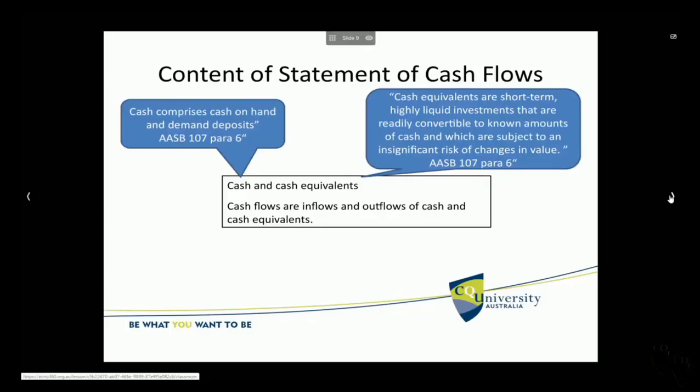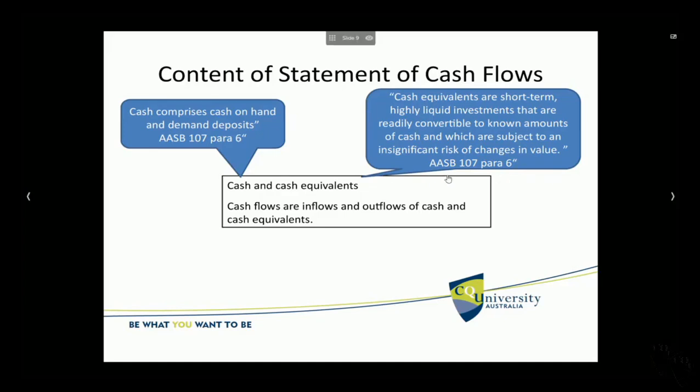Paragraph 6 of AASB 107 states that the cash flows in the statement of cash flows include cash, cash on hand and demand deposits in the bank, and also cash equivalents, which are short-term, highly liquid investments that are readily convertible to known amounts of cash and which are subject to an insignificant risk of changes in value.